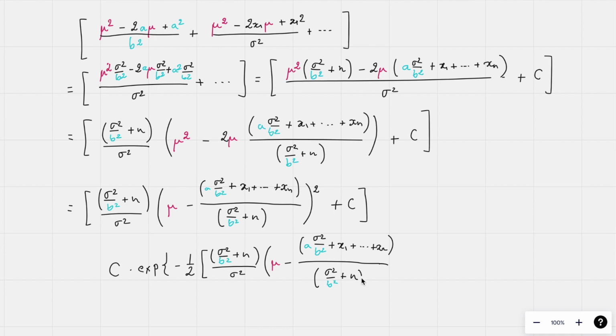So I close this here, and what's interesting is that I don't need to say plus c here. Why is that? Because exponential of a constant is a multiplicative constant. So I finally have found that the numerator of the Bayes formula is equal to a constant times this here.